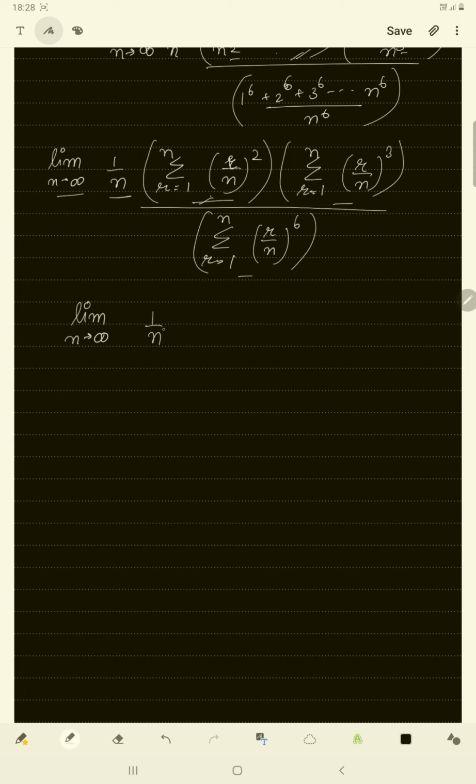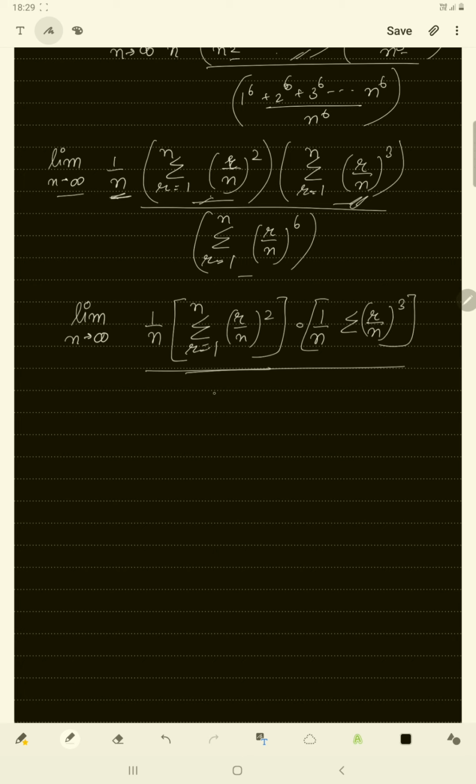I have a 1 by n which is already given to us, so we have summation r equals 1 to n, r by n whole square. So the problem of this is solved, but we need a 1 by n to solve this series also. So we multiply this by 1 by n, and because we did this to the numerator, we are going to divide the denominator as well by n.